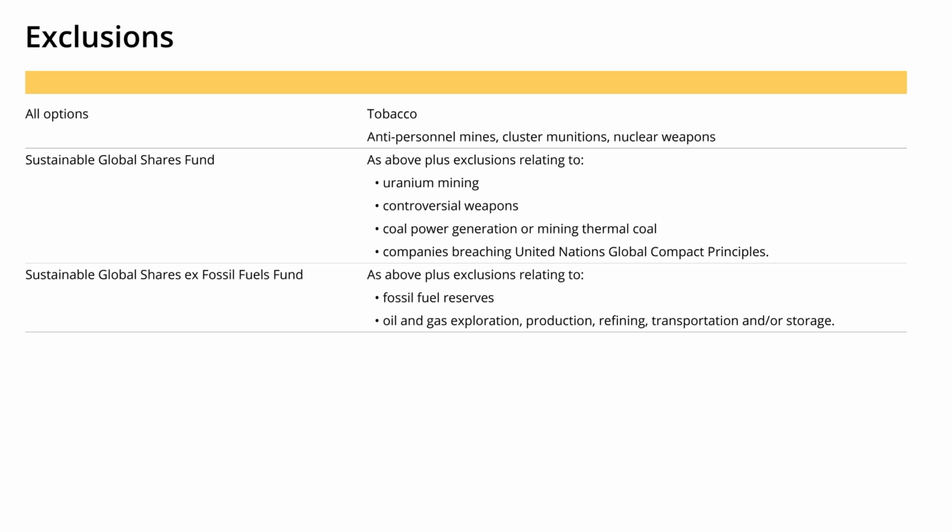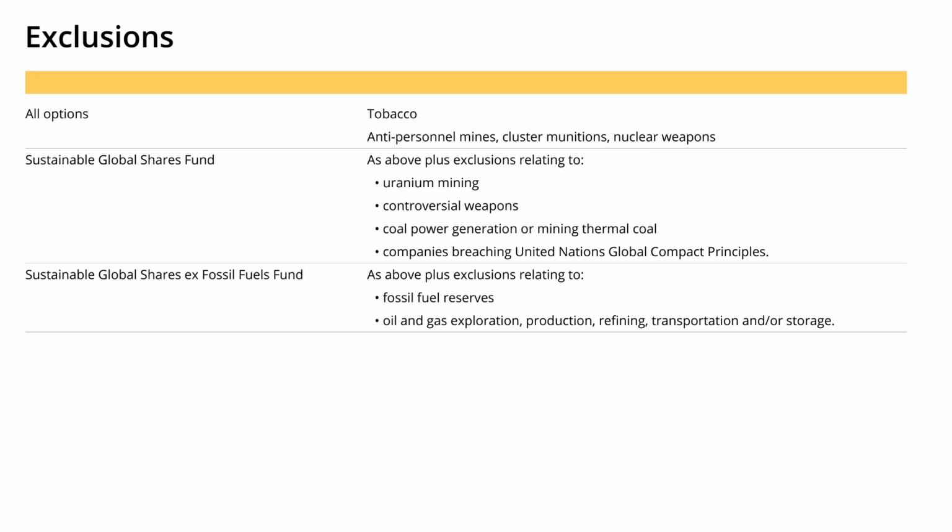Okay. And perhaps to explain to members that global shares are the biggest asset class for the fund. Around 40% of the fund is invested in global shares, and already half of those are invested in the Sustainable Global Shares Fund.